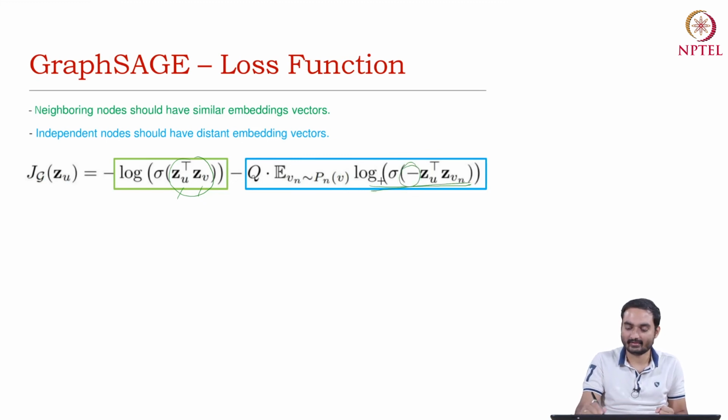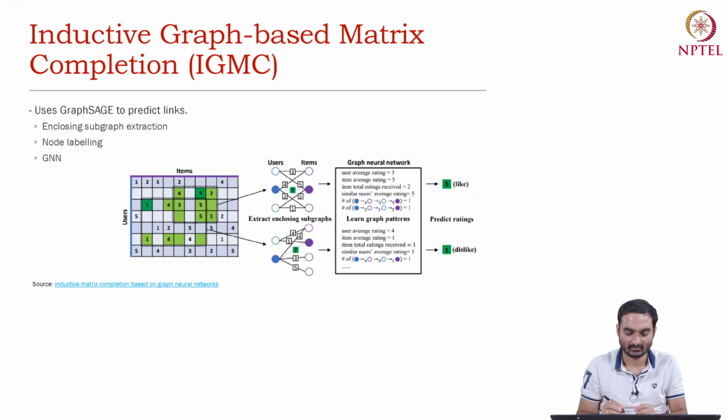Essentially for non neighbors you do negative sampling, you sample out non neighbors, you take the dot product, and you try to maximize the distance, and you try to maximize the similarity for neighboring nodes.